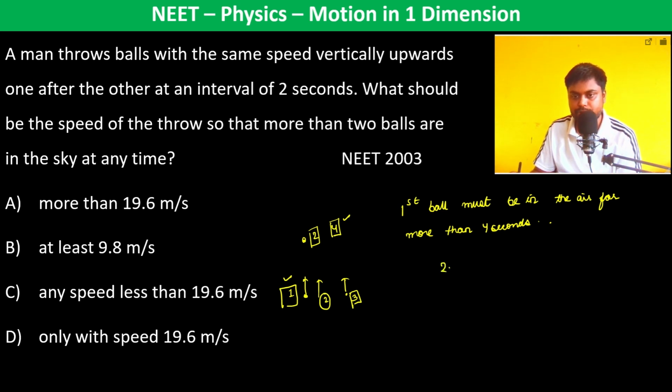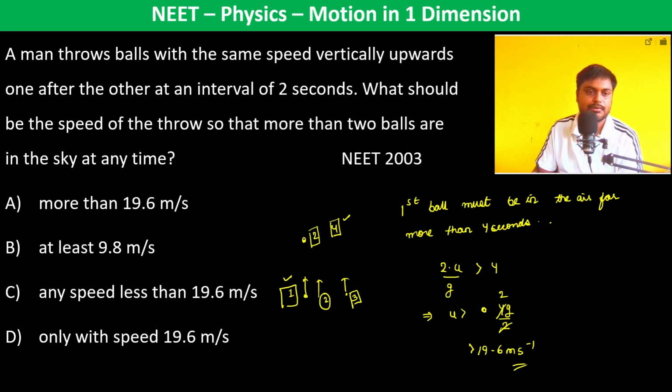It is 2u by g, which should be greater than 4. So u should be greater than 4g by 2, which is greater than 19.6 meters per second. Therefore A is going to be the answer.